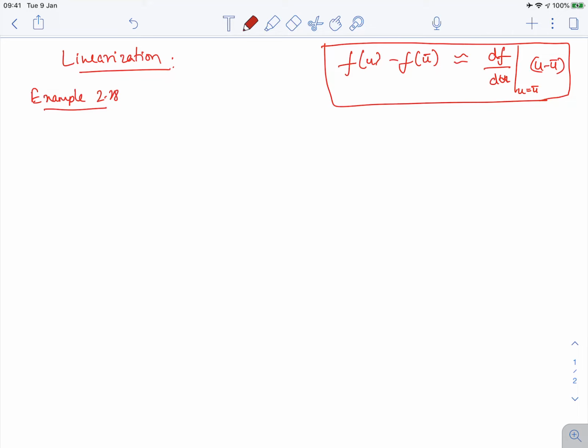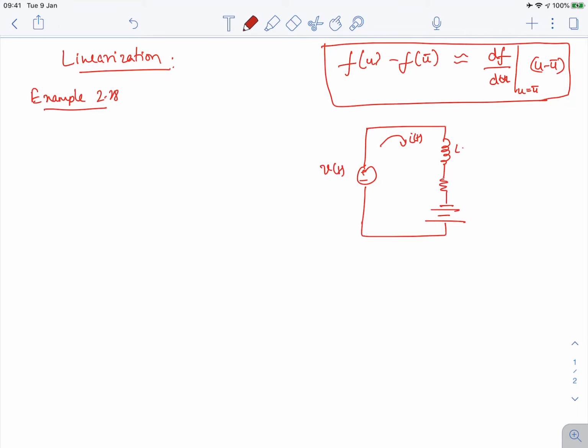Okay. So for example, we are given a nonlinear electrical network, where we have this V of t as a small signal. The current flowing inside the circuit is i of t.